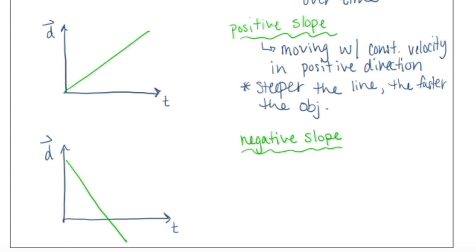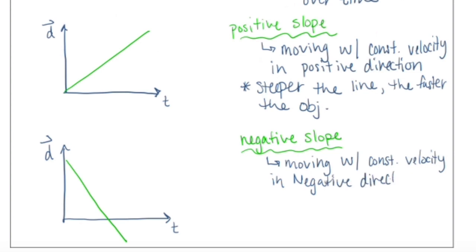So it's moving with a constant velocity still, because it's a straight line. But it's in the negative direction. Okay, and same thing, the steeper the line, the faster it's moving.